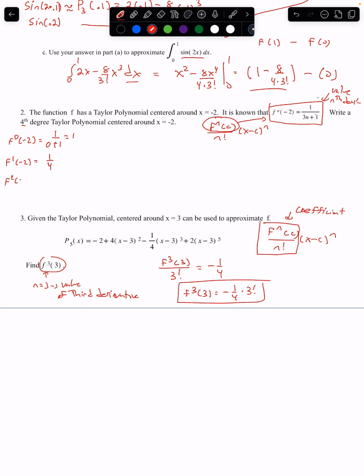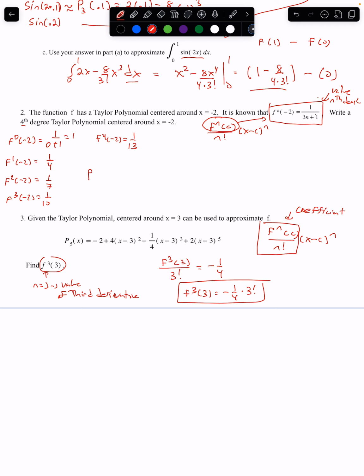The value of our second derivative at the center is going to be 1 over 7. And the value of the third derivative becomes 1 over 10. And the value of the fourth derivative, ran out of room there, again, if I plug it in, this is 1 over 3 times 4 plus 1, which is 1 over 13. Sorry about that.